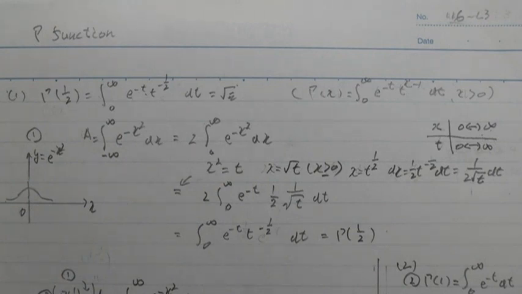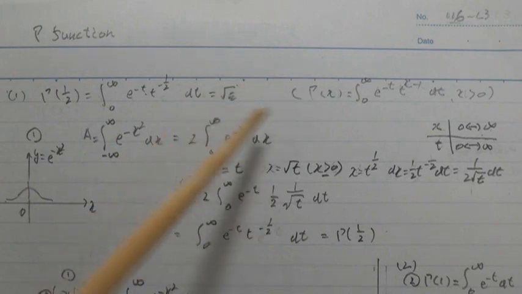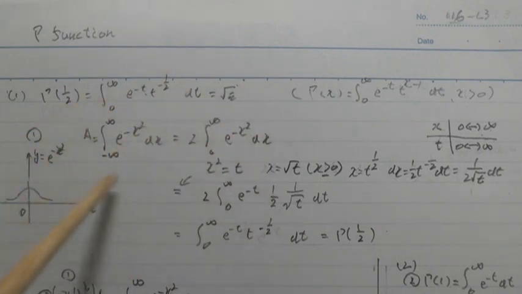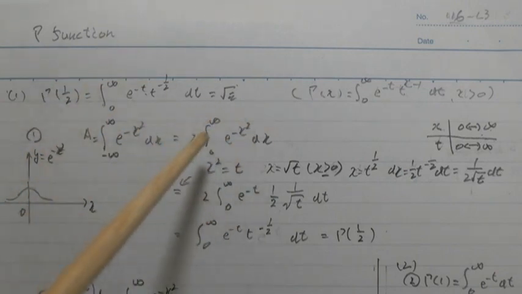Then A equals 2 times the integral from 0 to infinity.